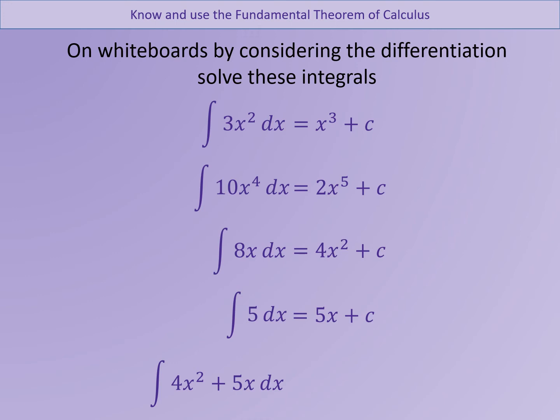So the first term will be 4x cubed divided by 3, and the second term will be 5x squared divided by 2. And rather than write that in any form of decimal, I've left those as fractions, which you could simplify if needs be, but obviously in this case there is no need. And don't forget the plus c.